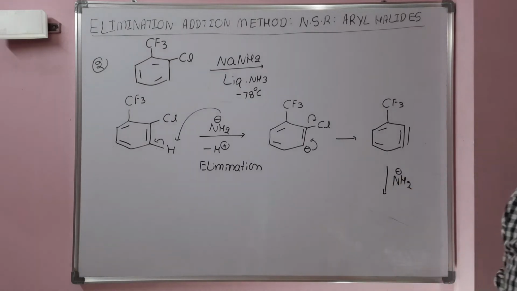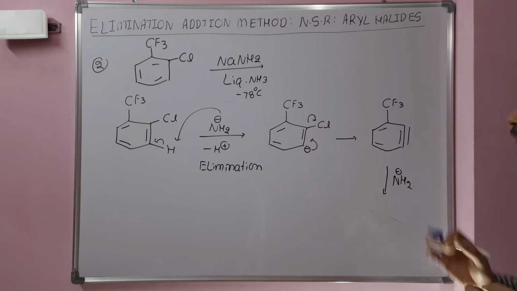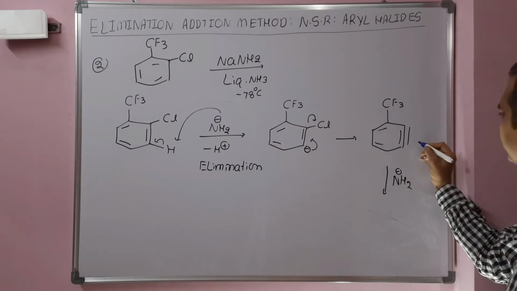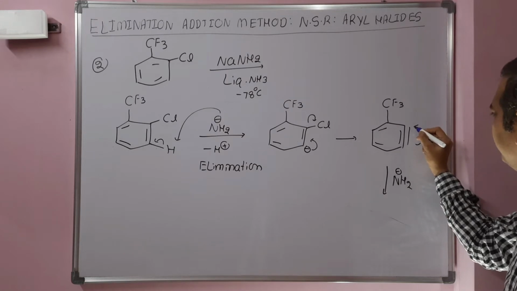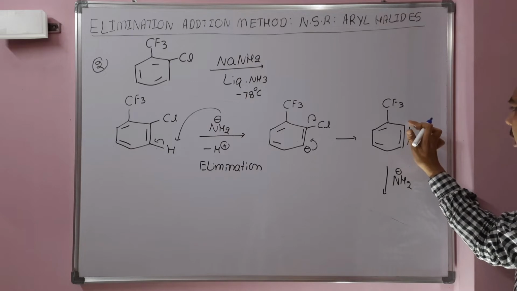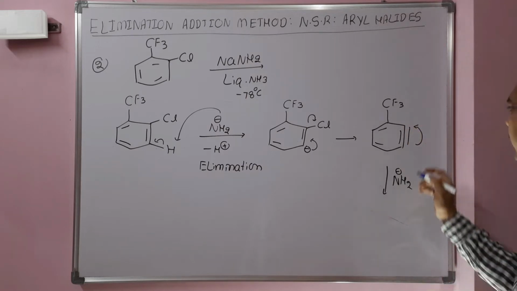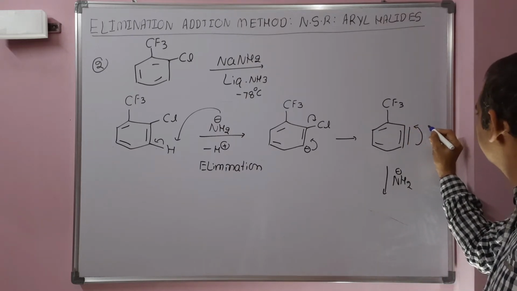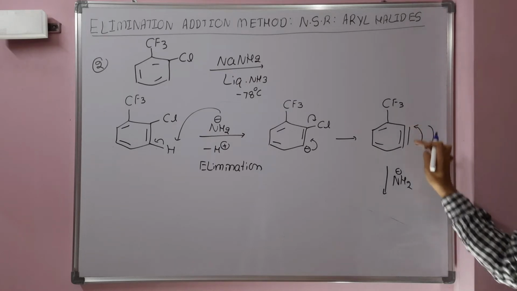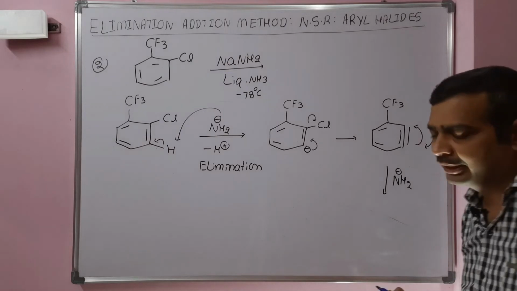In the last example it was simple benzyne, here it is a substituted benzyne. There are two possibilities here. The shift of electrons will take place from here to here, then NH2 minus will attack here at the meta position, and there is a carbanion at the ortho position. Suppose the shift of electrons is from here to here, then NH2 minus will attack at ortho, with the negative charge at meta.